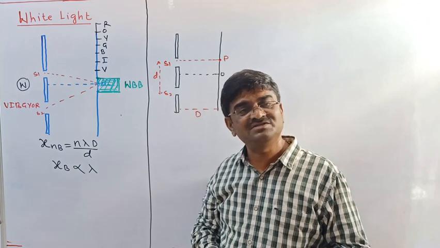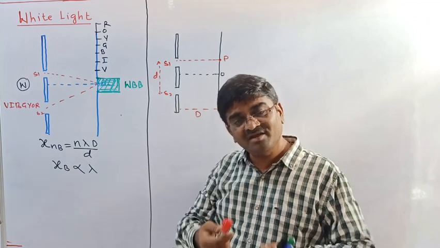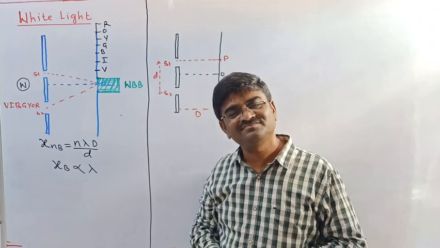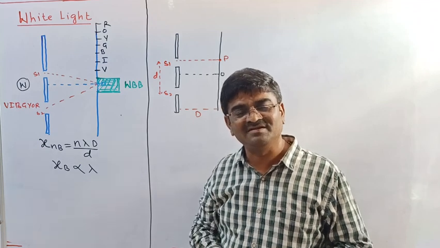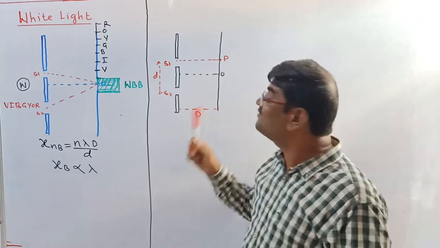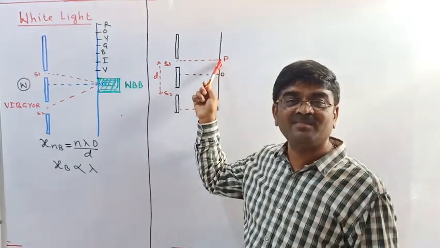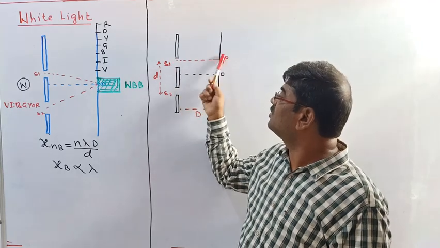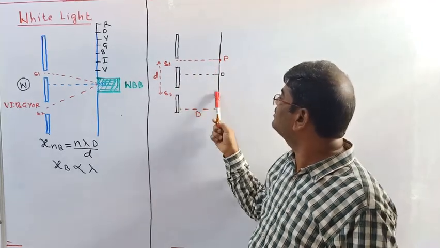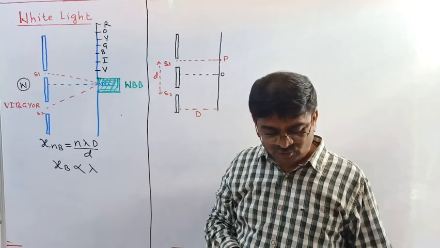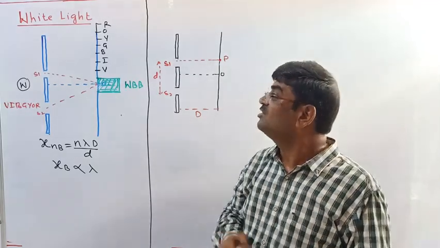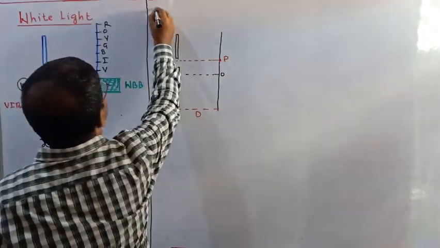That means you are getting a dark band over there. So the question is very simple: for what wavelength are you going to get a dark band in front of one of the slits? So let's go ahead to know about missing wavelengths.